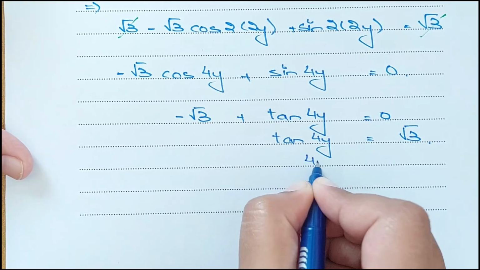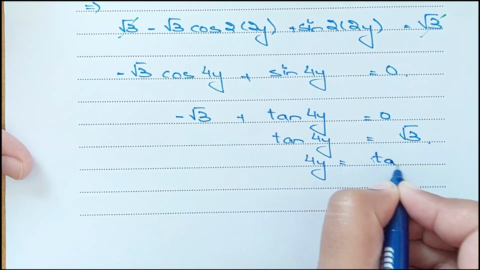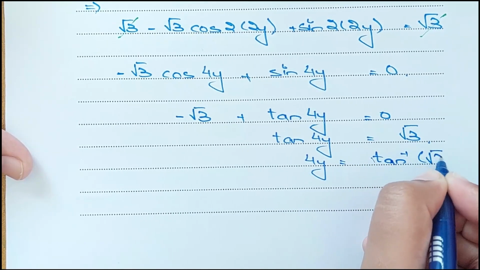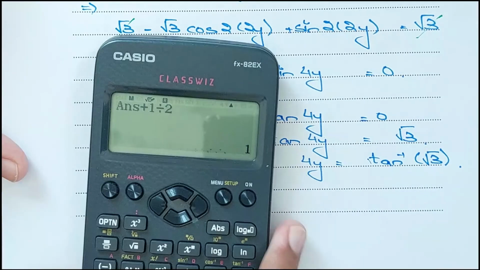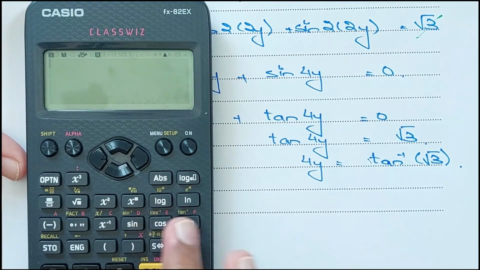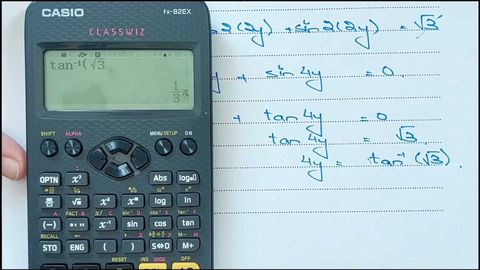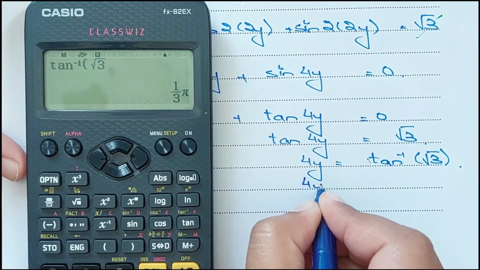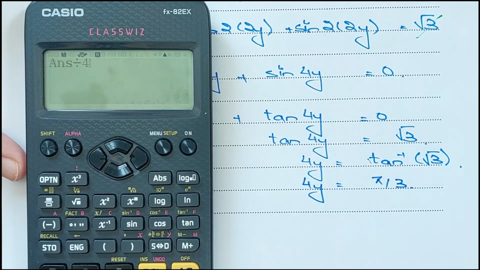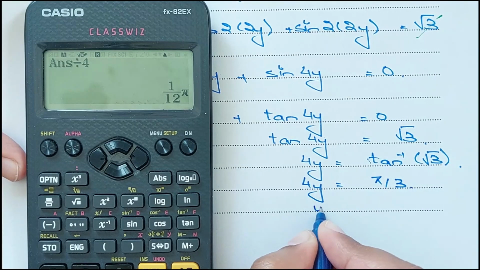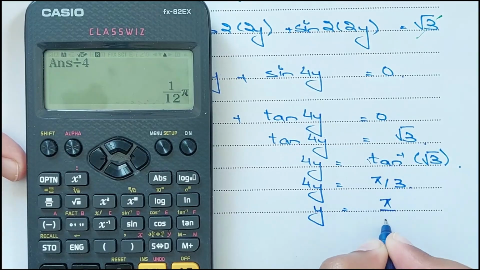So we have 4y equal to tangent inverse of square root of 3. Let me calculate this. Tangent inverse of square root of 3 is pi by 3. So 4y is equal to pi by 3, and dividing by 4, this is pi by 12. So the exact value of y is pi over 12.